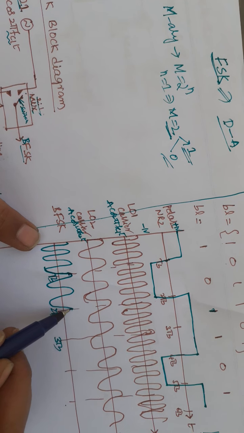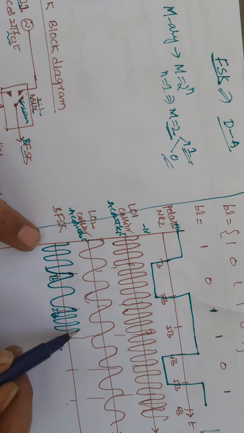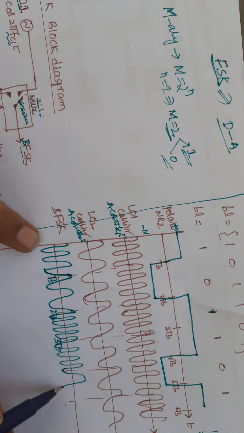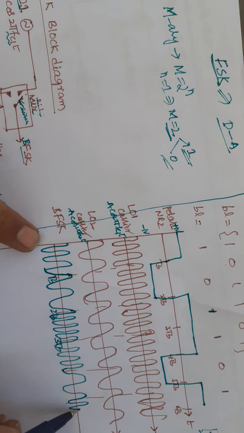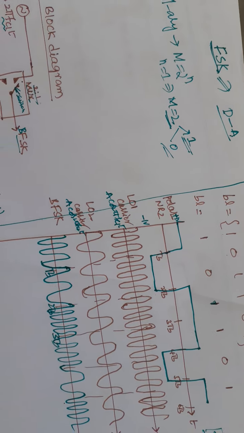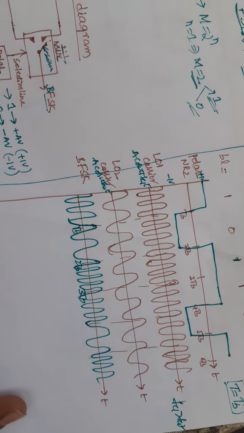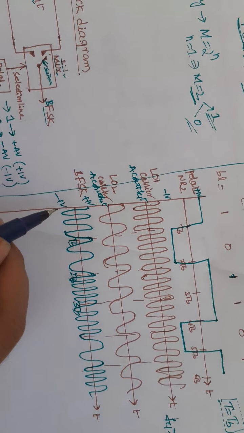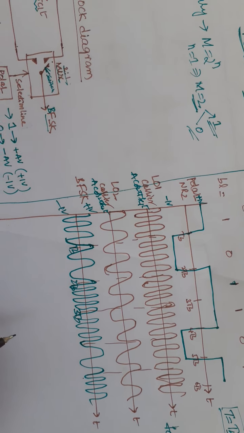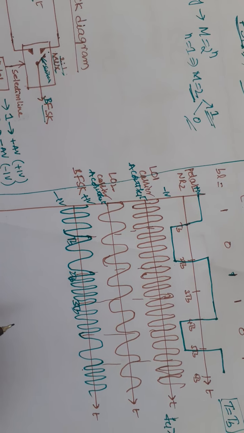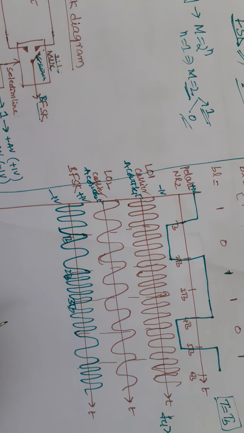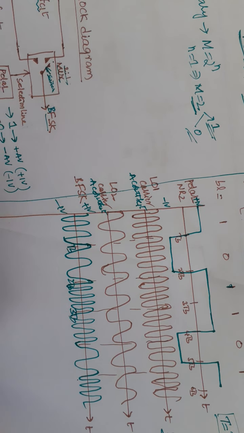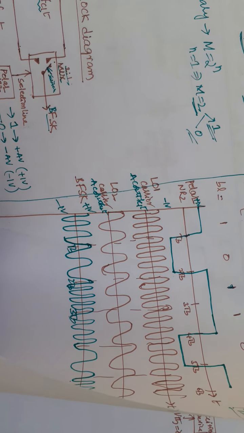Next again bit 1, again bit 0, again bit 1. This is our BFSK output, right? Clear? This is BFSK.